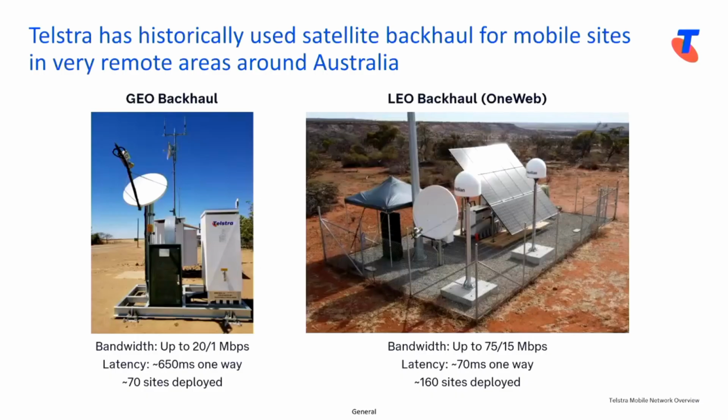And latency is a big differentiation between GEO and LEO because of the distance from Earth. Mobiles are particularly sensitive to latency. So you don't want to send a request for a web page and it takes about 2 minutes for the website to come down. That's not a good experience, but it is what's available today. But LEO does make a lot of difference to what we have today for satellite technology.